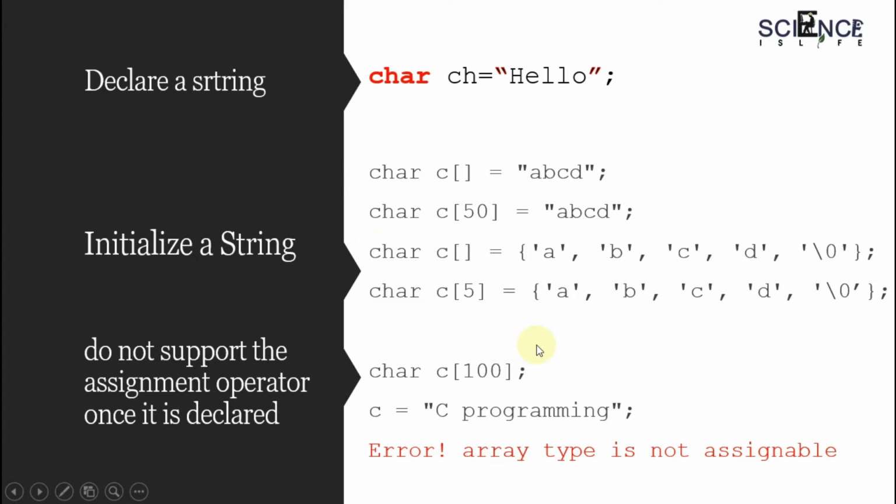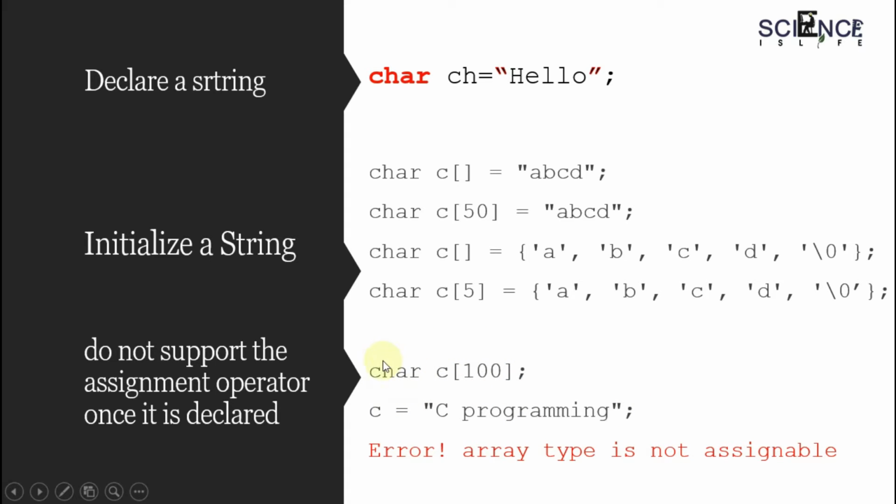Then there is another thing you need to know. We know we can declare an array and, when creating the array, assign values, right? Then you may think I will declare the array and assign values later, like this.